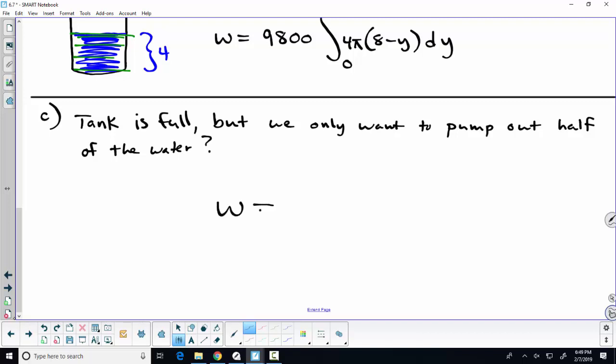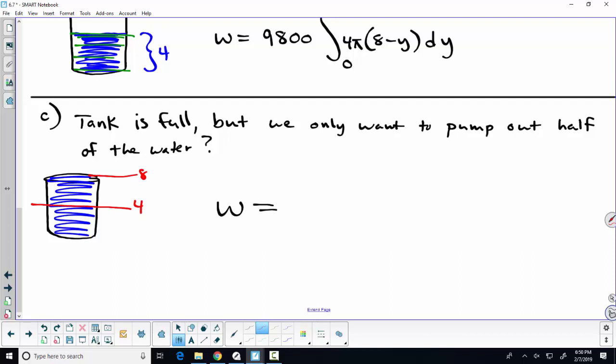What would the work for that look like? Do the same thing with integral from 4 to 8. So the tank is full, but we only want to pump out this half. Right?